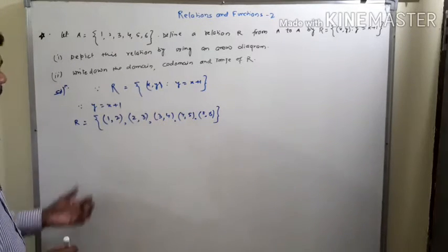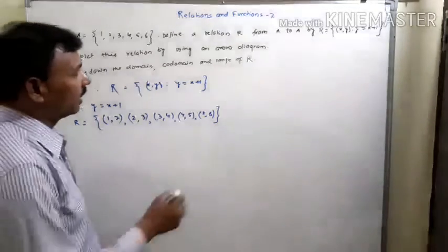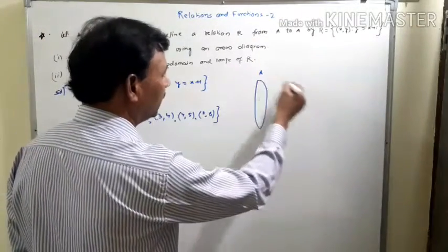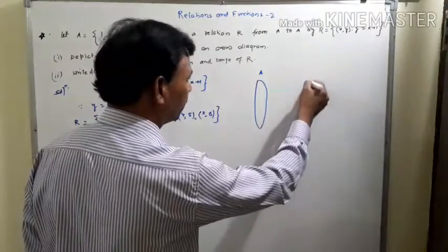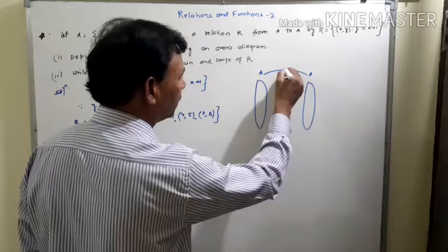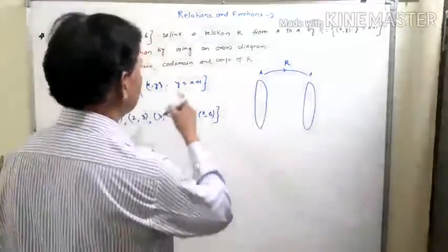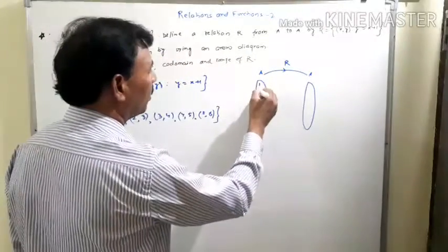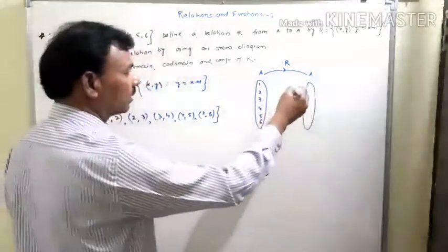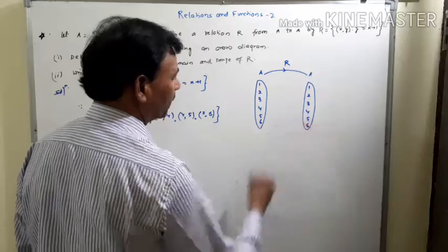Now, if we want to depict this relation by an arrow diagram, suppose this is the set A and this is also the set A. Elements of set A are related to elements of the other set A under the relation R. The elements are 1, 2, 3, 4, 5 and 6, and here also 1, 2, 3, 4, 5 and 6.